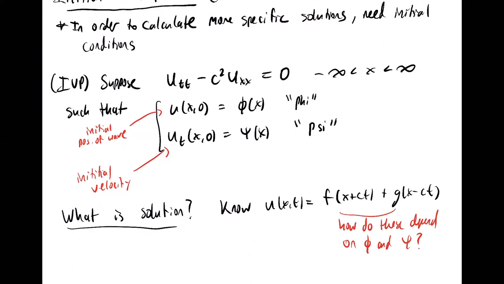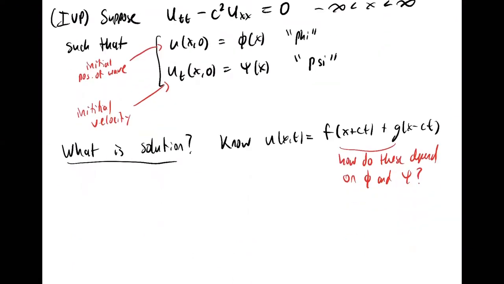Right, and so the theorem is the following. The theorem is basically just a formula which will solve the initial value problem. This is sometimes called the D'Alembert formula, named after the mathematician who discovered it.